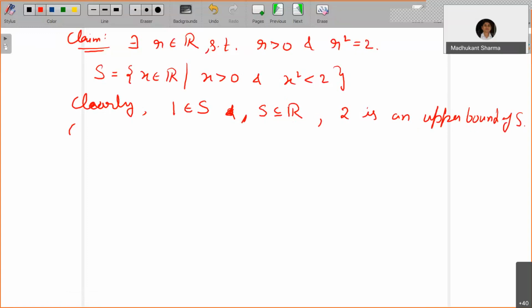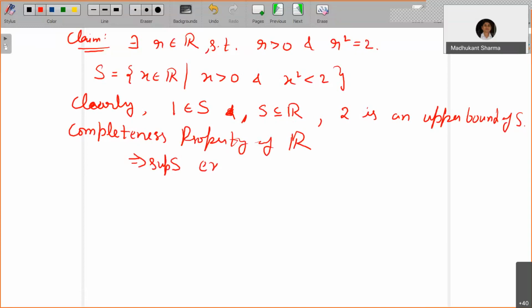So then the completeness property, or you can say supremum property, gives you what? The completeness property of R implies the supremum of S exists, and it lies in R, the set of real numbers.